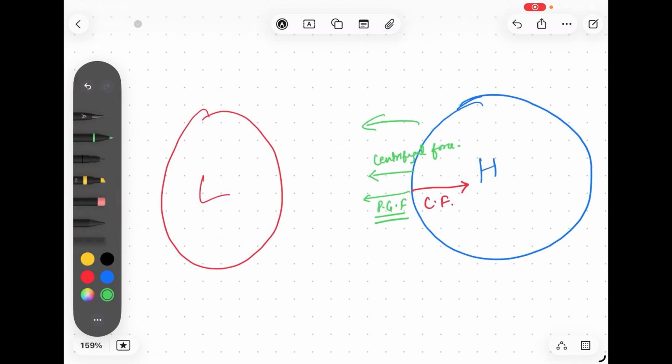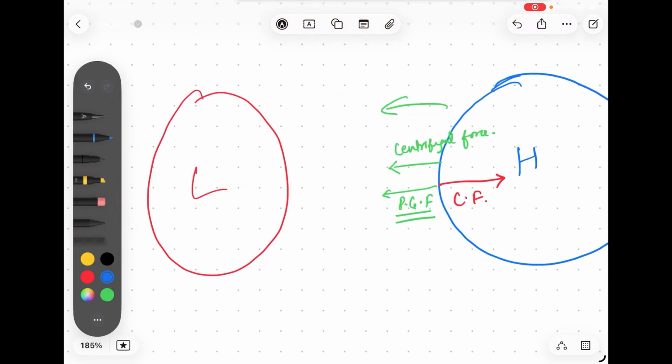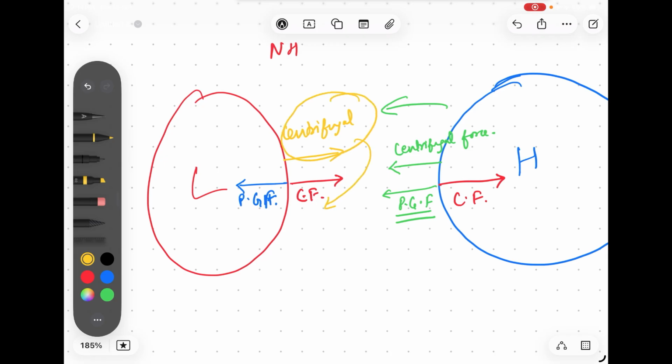And similarly, when I talk about the low pressure area, we know that pressure gradient force moves from high to low, and Coriolis force on the other hand will move in the right direction in the northern hemisphere. We're talking about northern hemisphere, okay? And centrifugal force will now also move in the outside direction. Okay, so here the centrifugal force is assisting the Coriolis force.